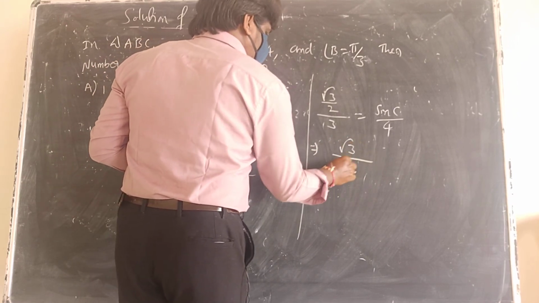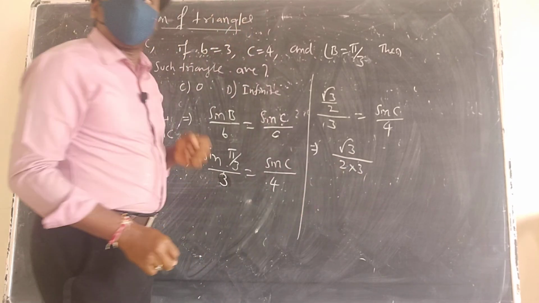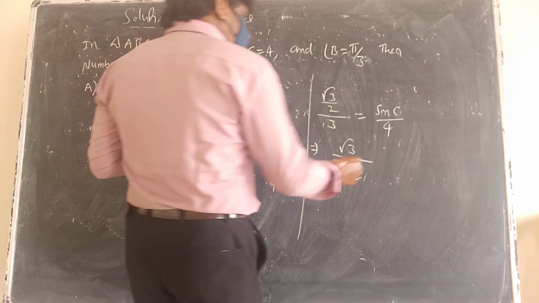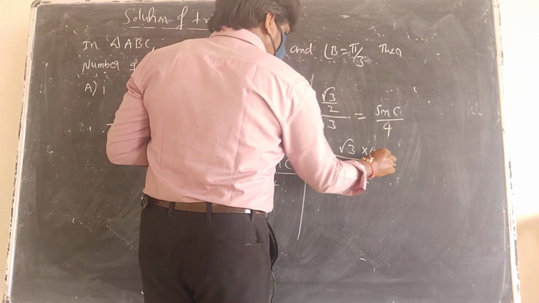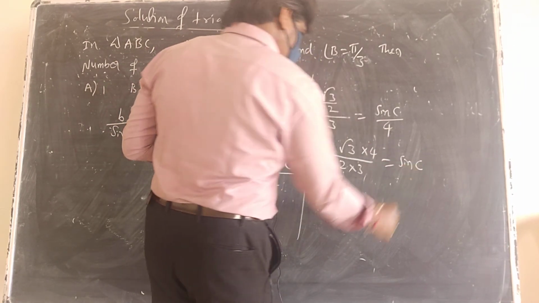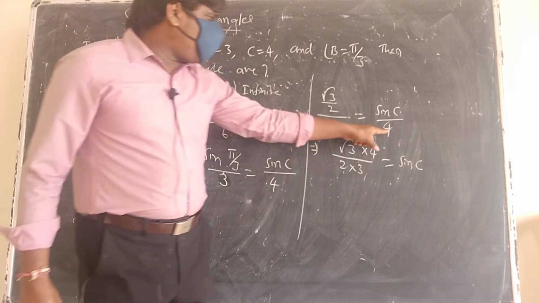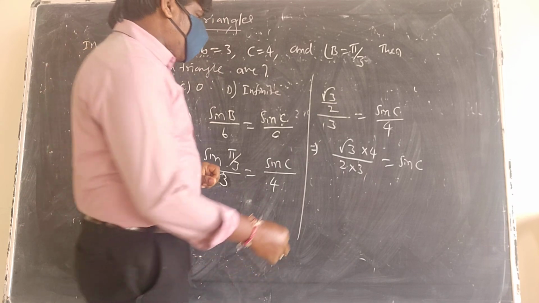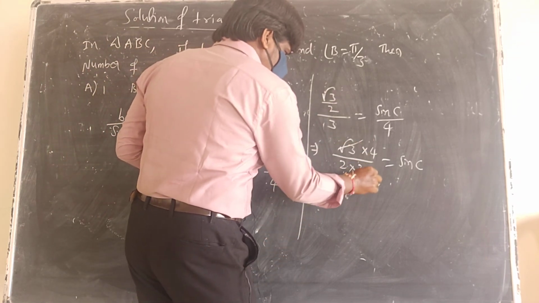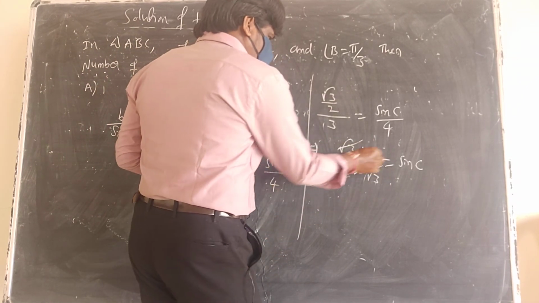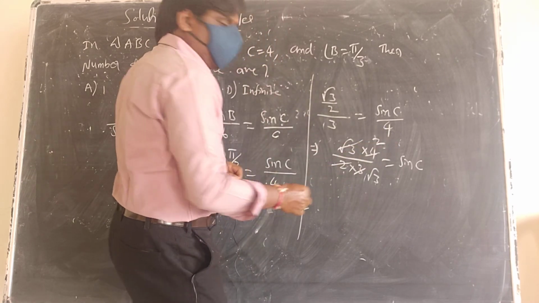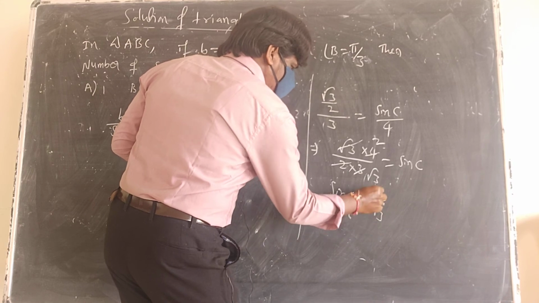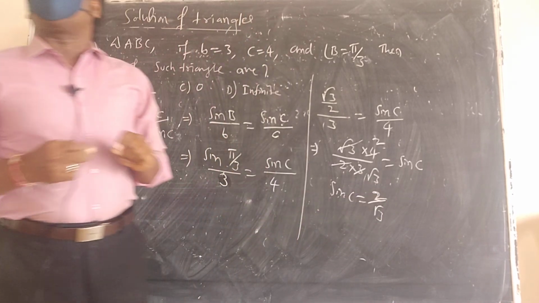Root 3 by 2 into 4 divided by 3 is equal to sine C. Now this I can cancel, root 3 times, and this 2 times. So sine C is equal to how much? 2 by root 3. 2 by root 3 is greater than 1, right?